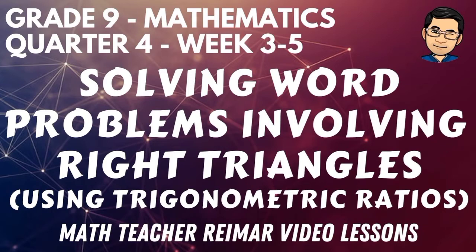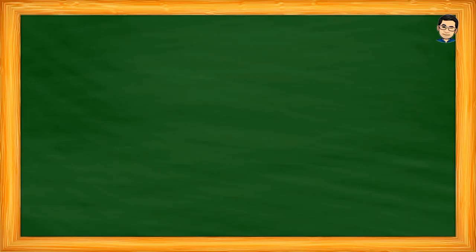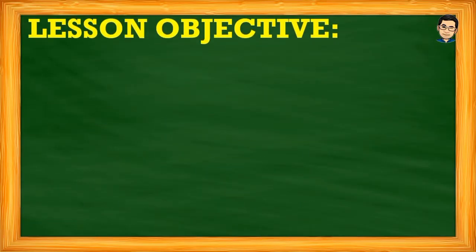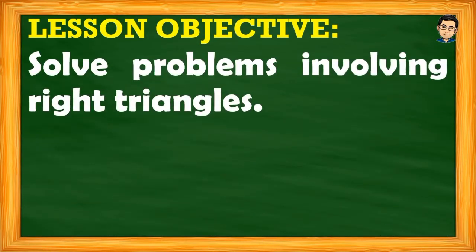Here, you will still see the application of our previous discussions. But of course, our focus here is on real-life problems. So let's start. For the lesson objective, we will solve problems involving right triangles.